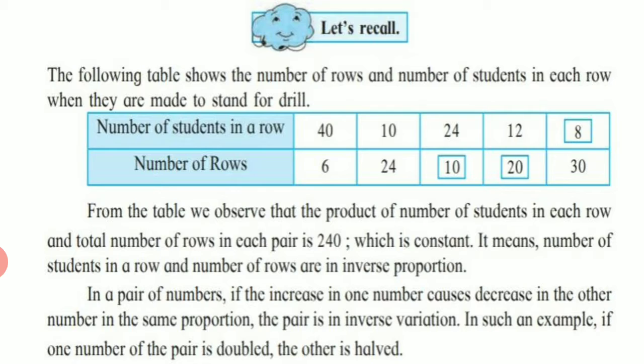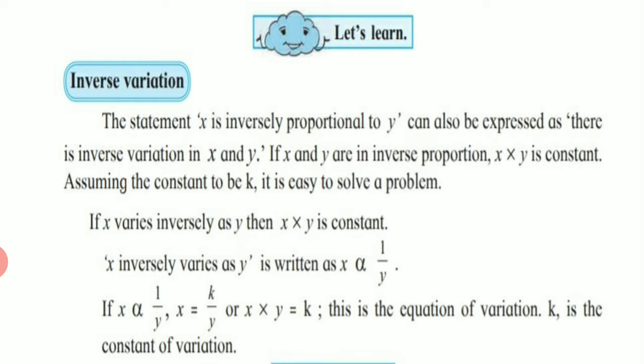In a pair of numbers, if the increase in one number causes a decrease in the other number in the same proportion, the pair is in inverse variation. In such an example, if one number of the pair is doubled, the other is halved. This is called inverse variation.